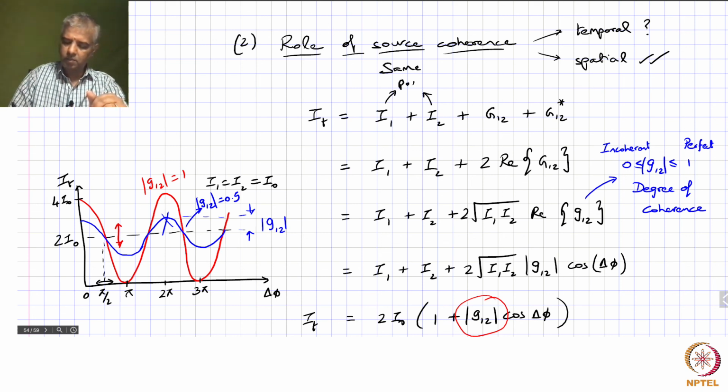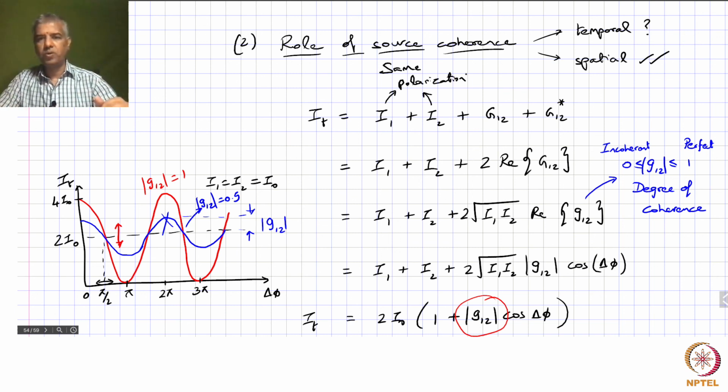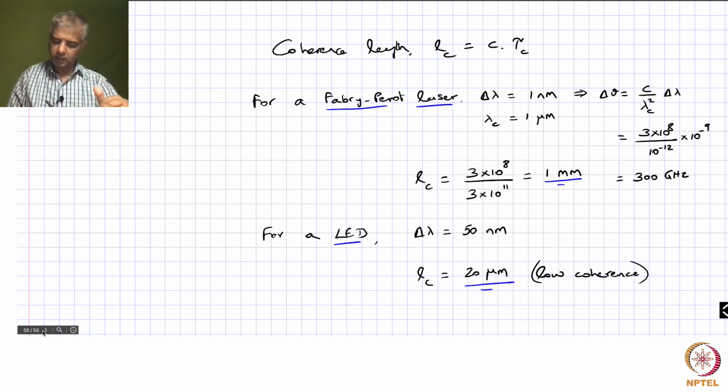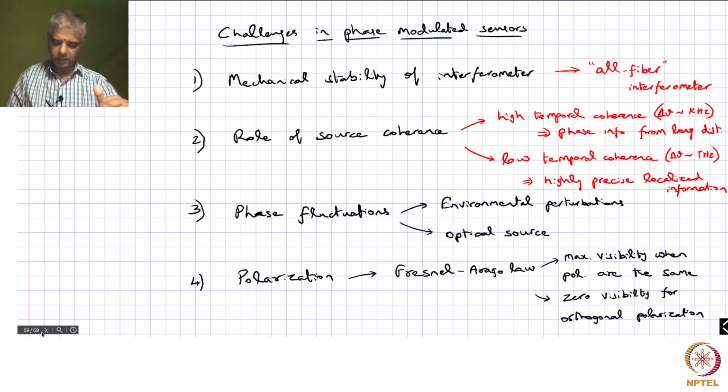If they are orthogonal polarization, even if you are talking about a perfectly coherent source, highly temporally coherent source, you might not actually see these fringes. Okay, so that's what we are saying. And so it is very, very important that we keep the polarization of the interfering sources to be the same. And what is the effect of that? We'll come back and review that a little deeper.